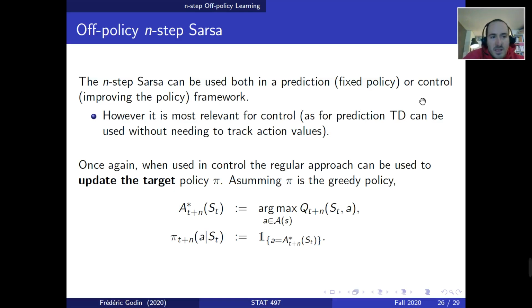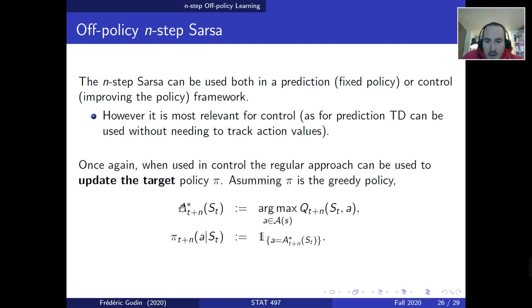You can do that every once in a while, or you can do that on every time step. If you do that on every time step, you can do the following.